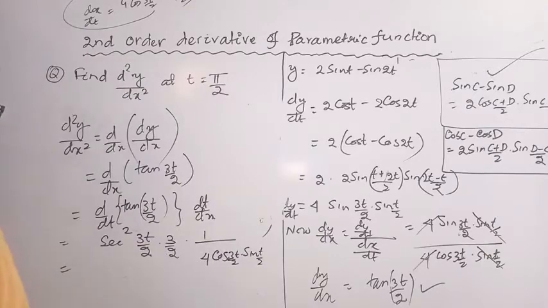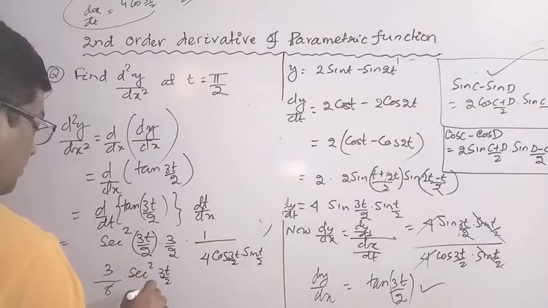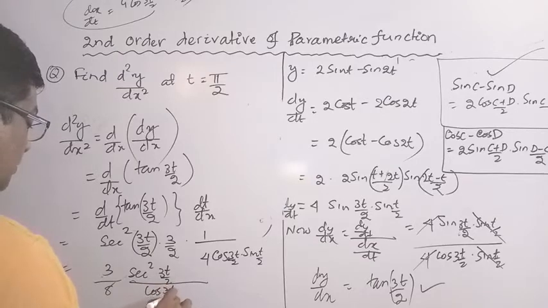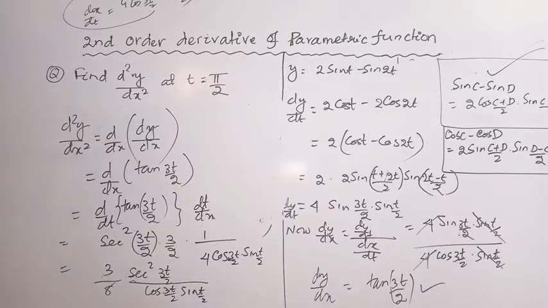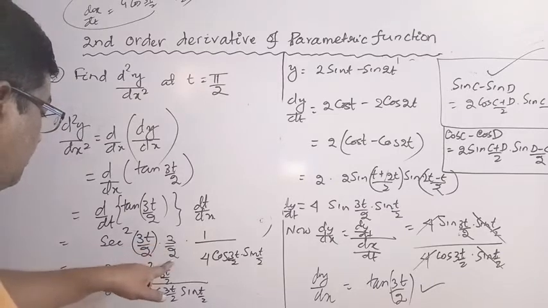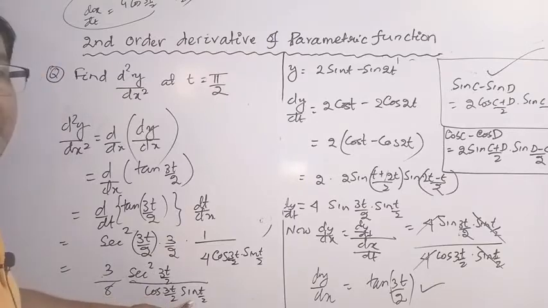This is equal to sec²(3t/2), 3 by 2 into 4, that is 3 by 8, divided by cos(3t/2) sin(t/2).